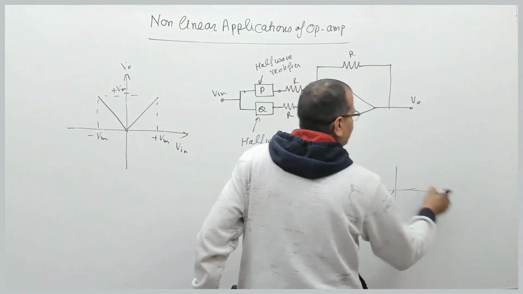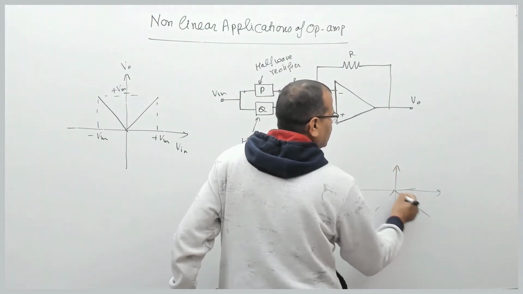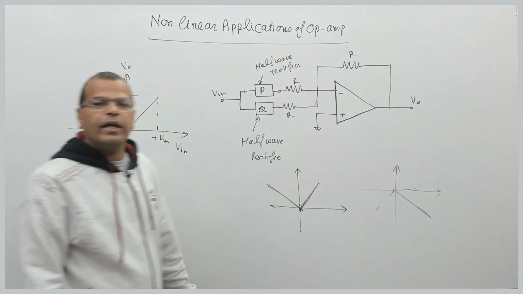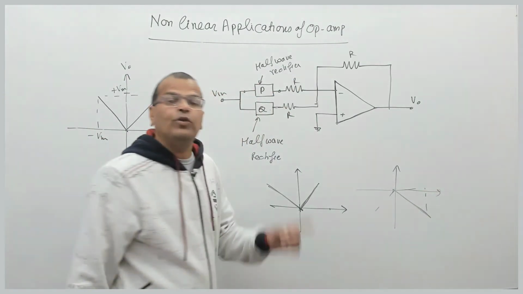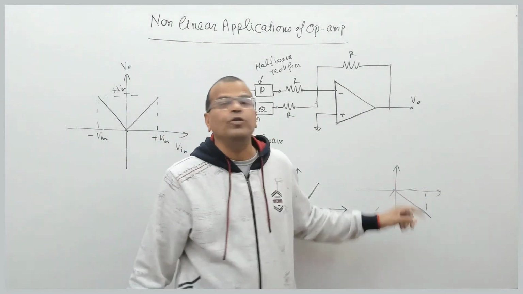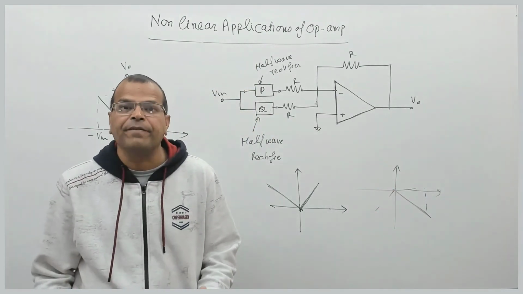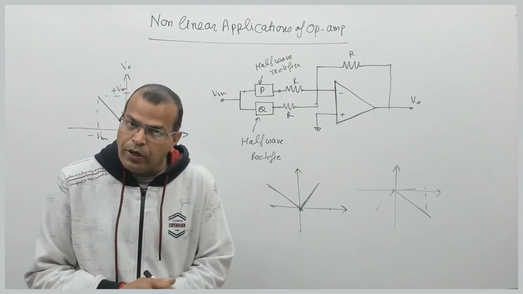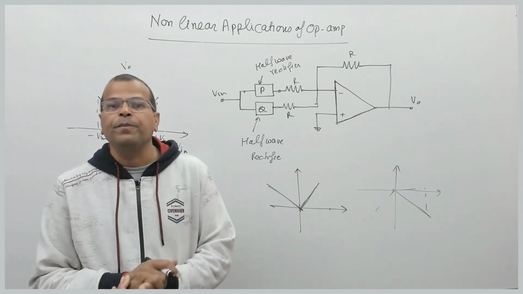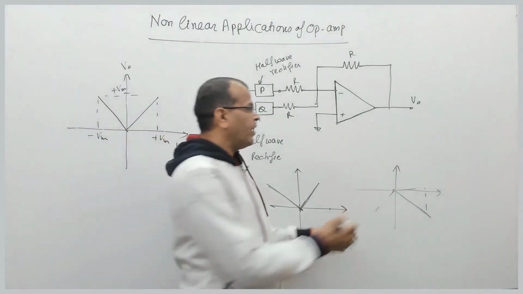The characteristics of P could be like this. That means when input voltage is positive, output voltage is negative, just inversion of your input voltage.